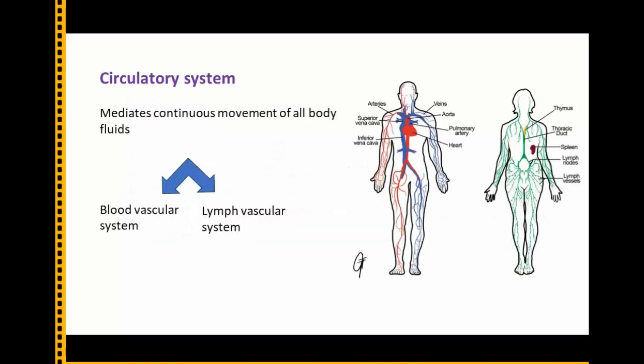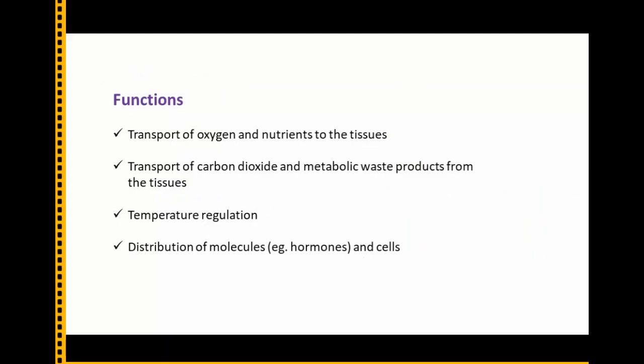Okay. So the circulatory system, we can divide into the blood circulatory system and the lymphovascular system. You have learned about the lymphovascular system, reticuloendothelial system today morning. So now we are going to discuss the blood circulatory system. The whole circulatory system has these functions. They transport molecules and cells.